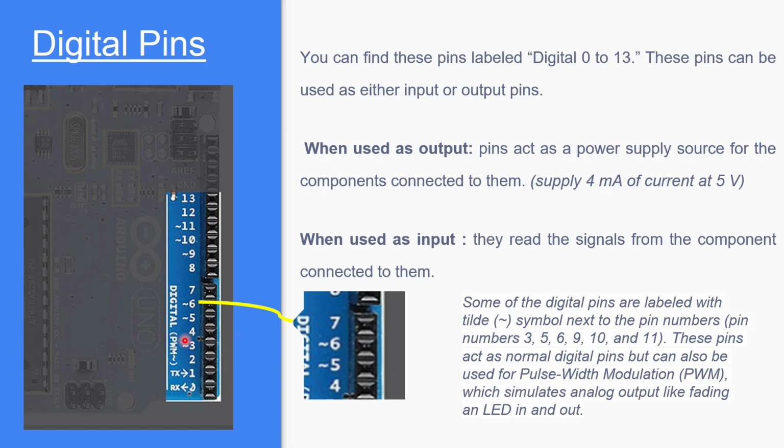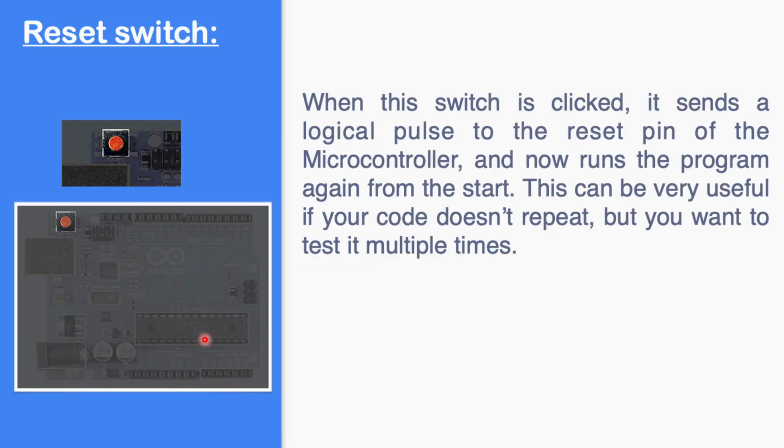And then you have digital IOs, which are mostly used. They can be considered as input and output for digital. You can generate pulses or you can receive pulses through these digital IOs. The reset switch is to reset the system.